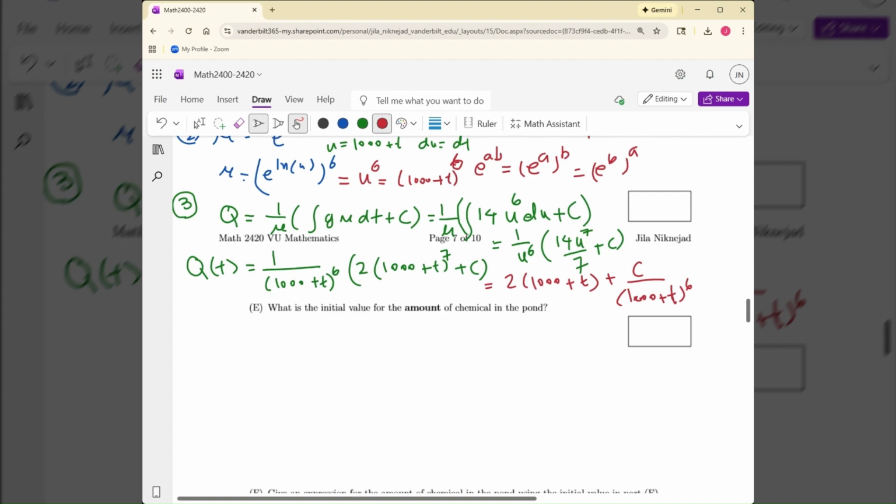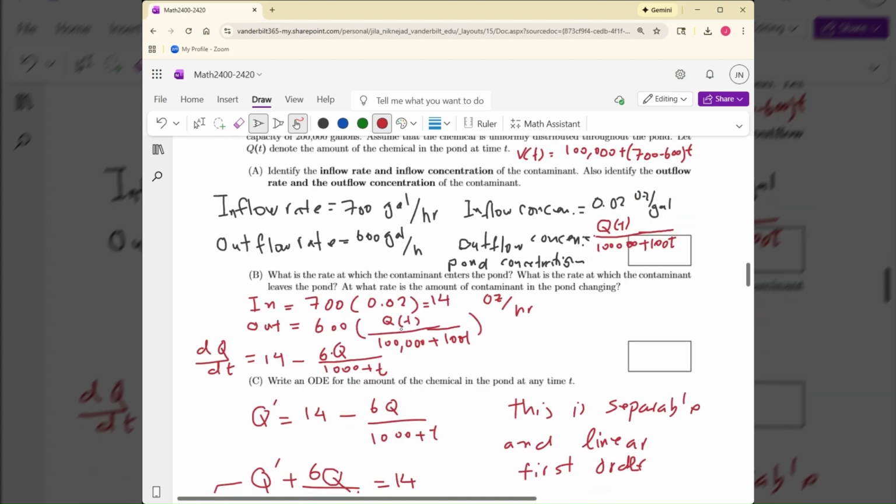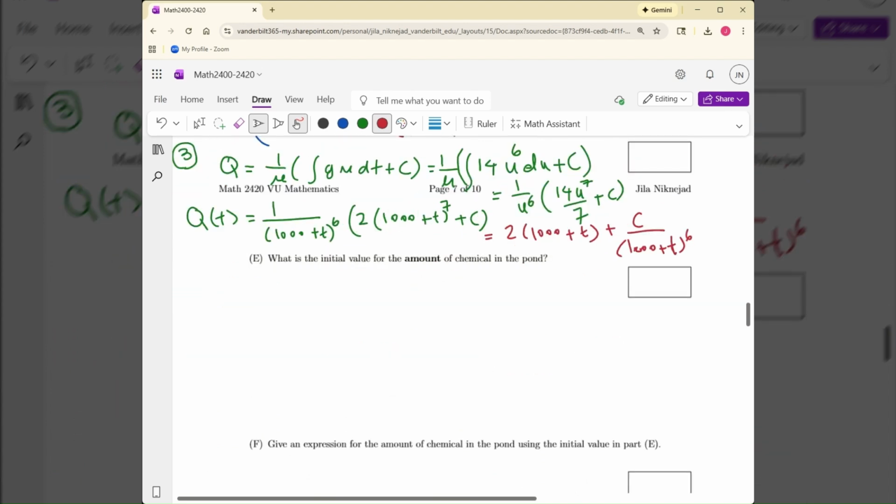So the next thing it's asking is what's the initial value of this problem. And if we go back, basically it's saying that water in a pond contains 0.01 ounces per gallon. So I know that the concentration at time 0 is 0.01. So what is the initial amount?